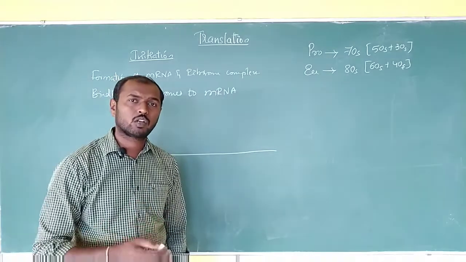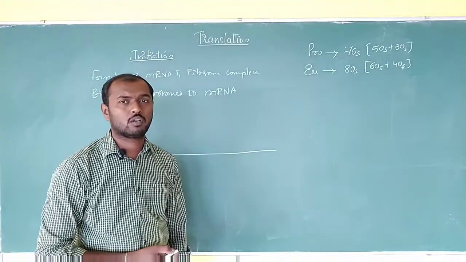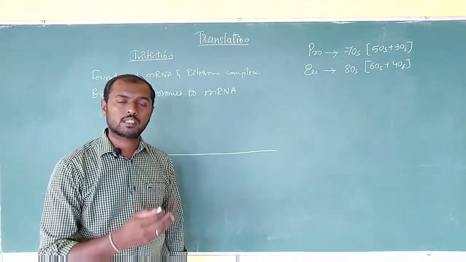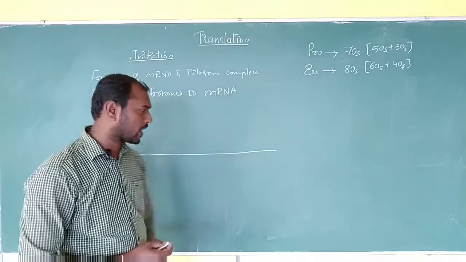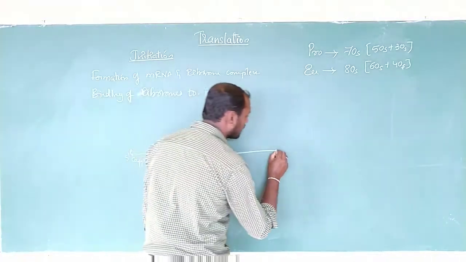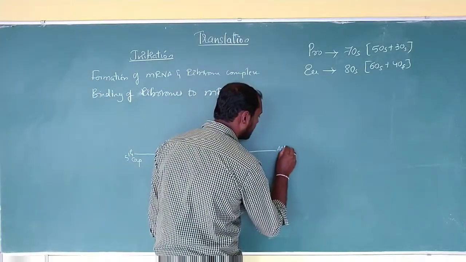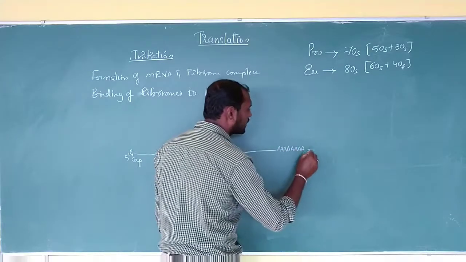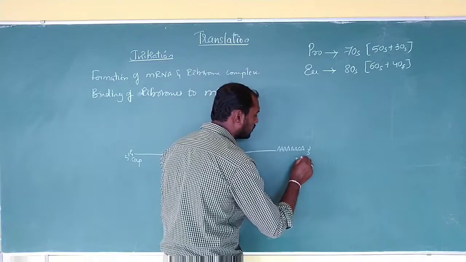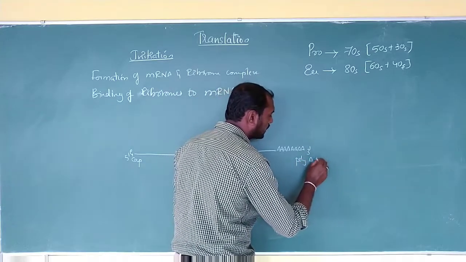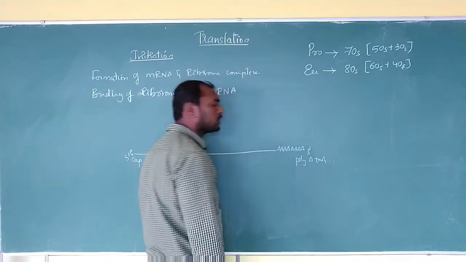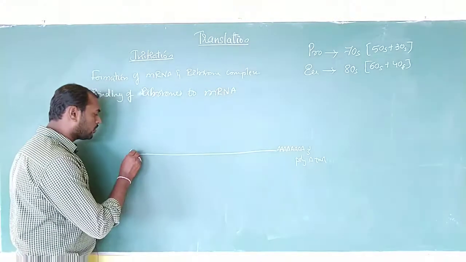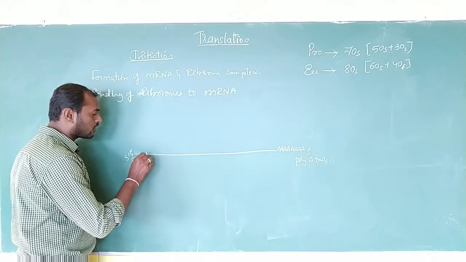Here a guanosine is attached at the beginning of the mRNA, and the end has many A's. That is what we call the 3' end, the poly A tail of the mRNA.